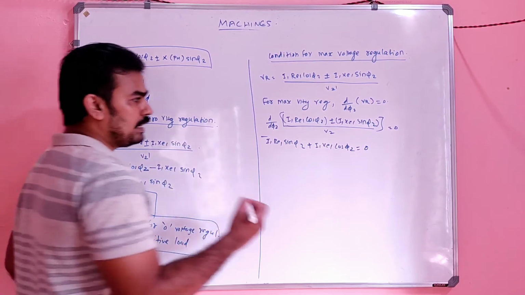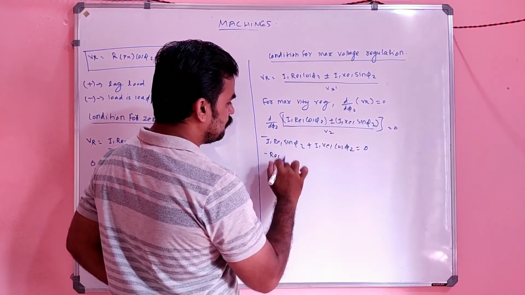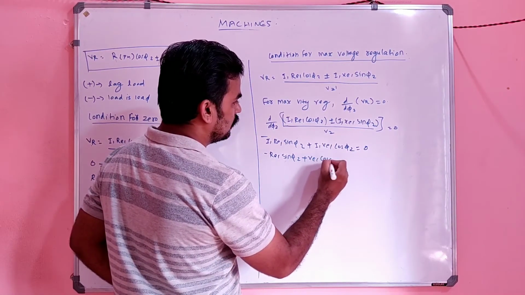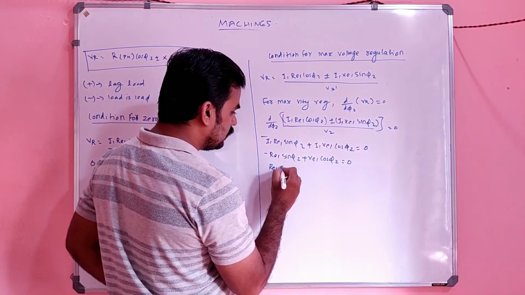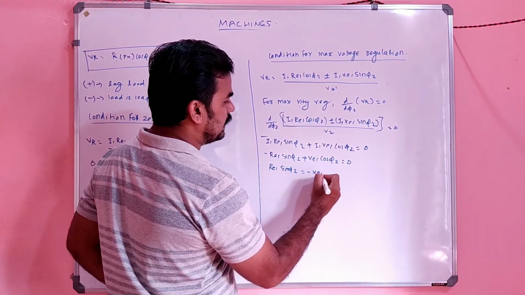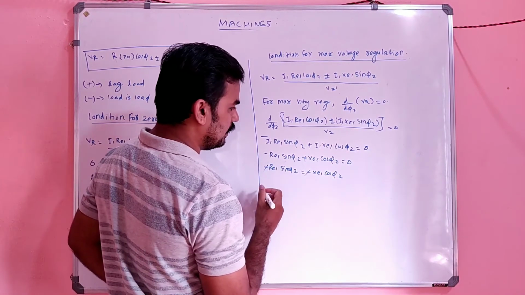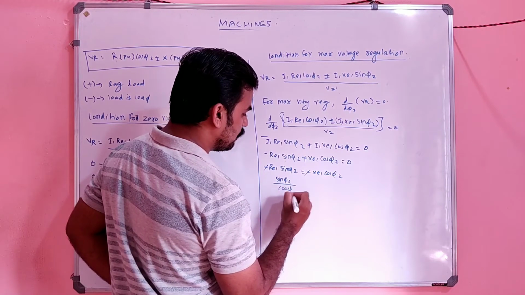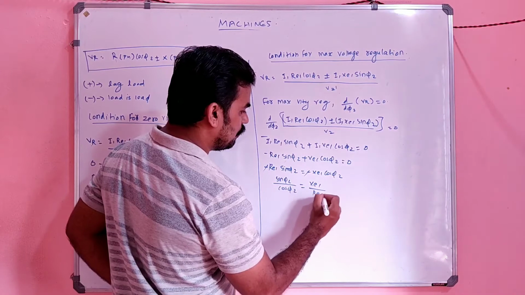Or I can say that minus RE1 sin phi 2 plus XE1 cos phi 2 equals 0. Or I can write RE1 sin phi 2 equals minus XE1 cos phi 2. Minus and minus cancel here. We will get sin phi 2 by cos phi 2 equals XE1 by RE1.